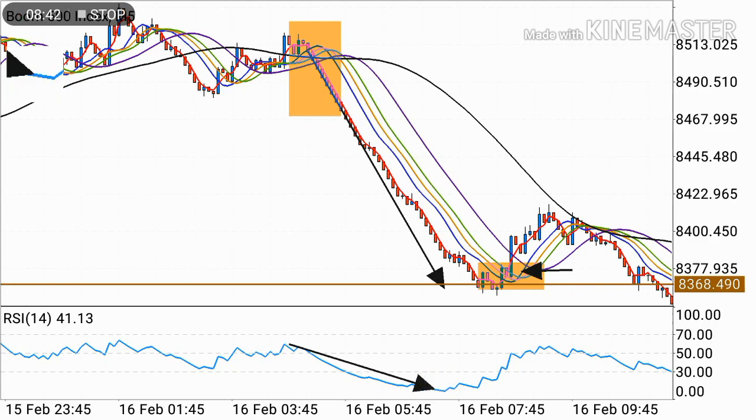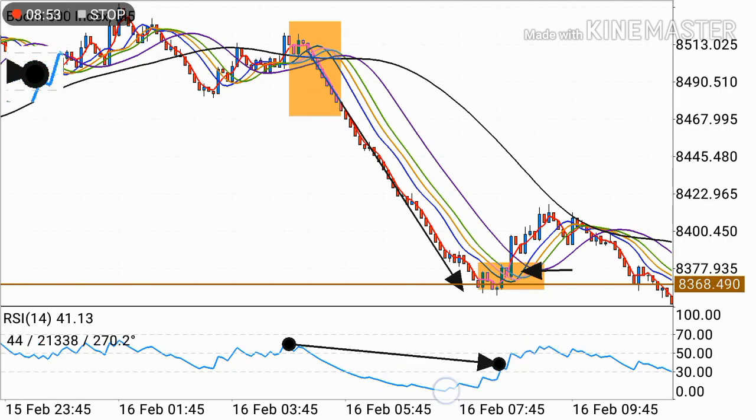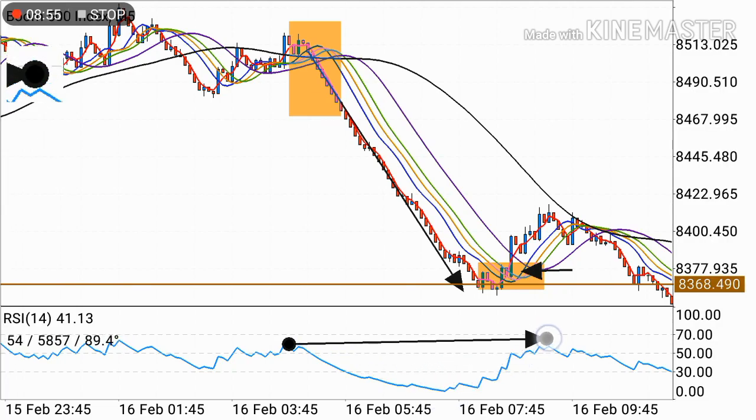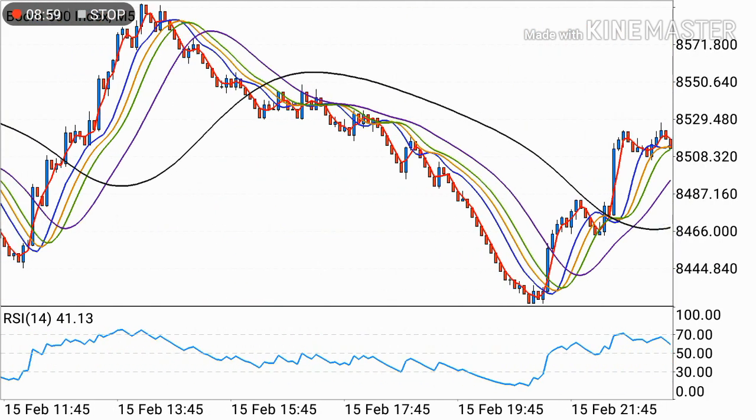And also look here, once you exit, the market also changes direction, and also RSI is, look here. I hope all guys get my point. Okay, look here, one more buy, very awesome.